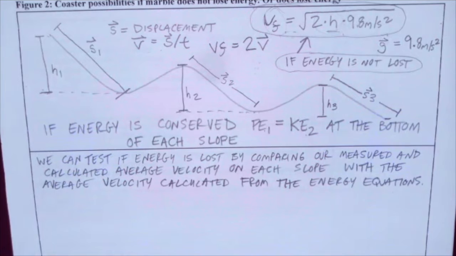Can anybody tell me a way you could construct this roller coaster so that the marble goes all the way through only if energy is conserved? A way you could construct a roller coaster so that the only way the marble goes all the way from the start to the finish is if energy is conserved.